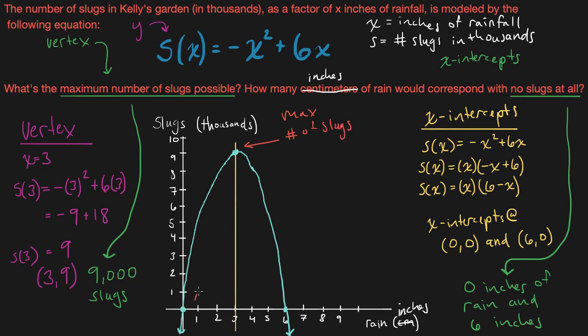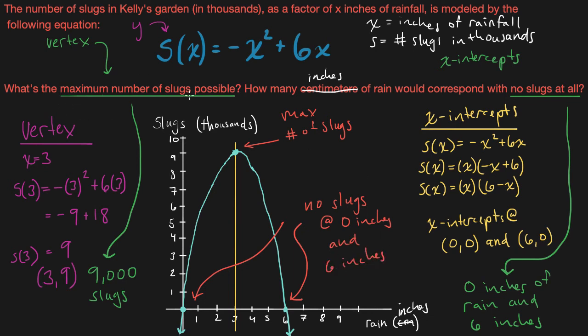And then these points down here, the origin one, and then this point right here, those points correspond with no slugs at 0 inches of rain and 6 inches of rain.